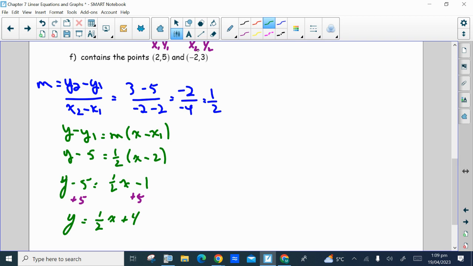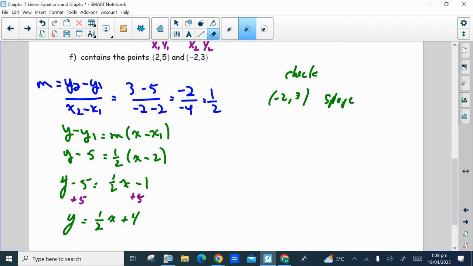And again, we could check that using the point negative 2 comma 3. So if we start with the point negative 2 comma 3, and we use a slope of 1/2, that means you're going to rise 1 and run 2.